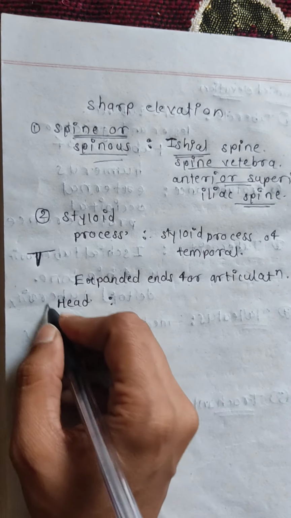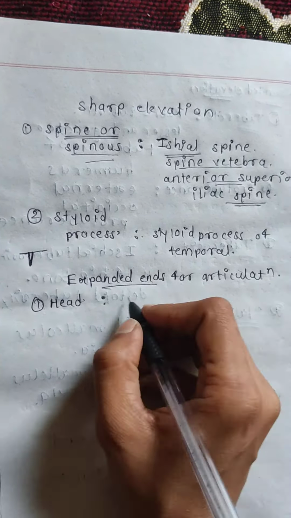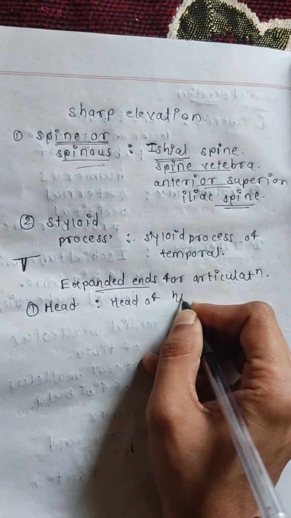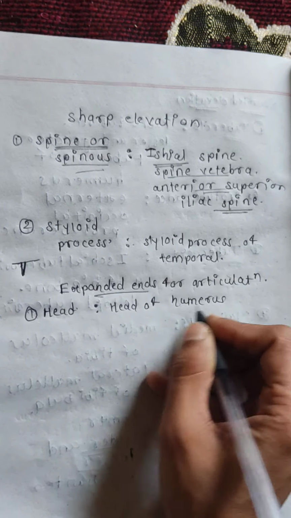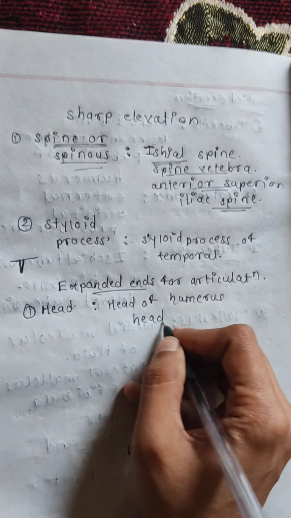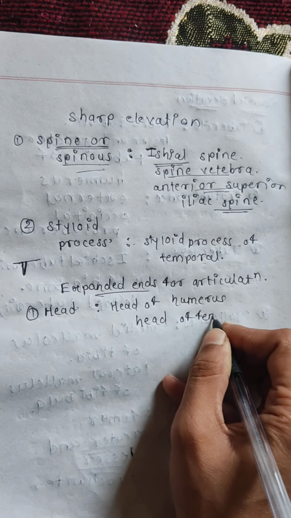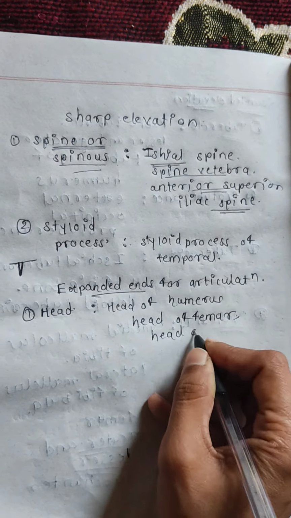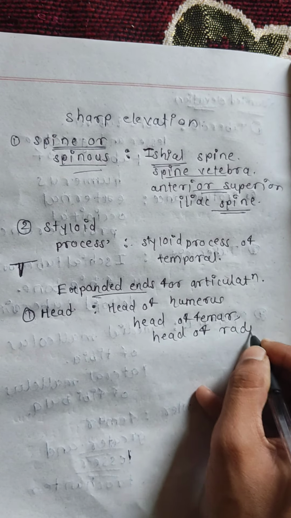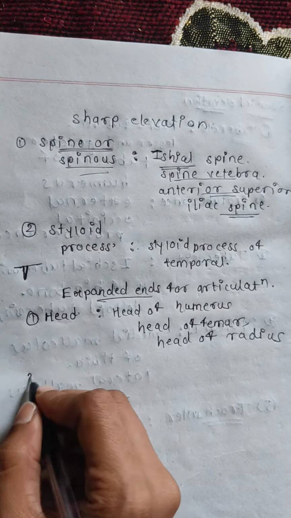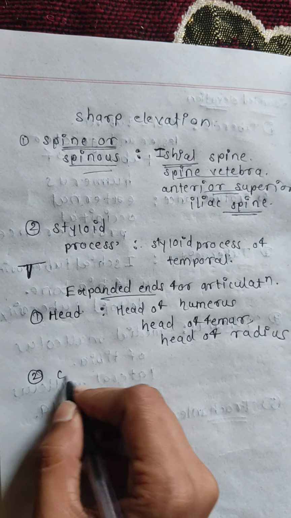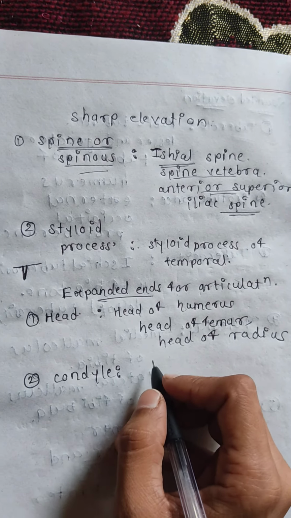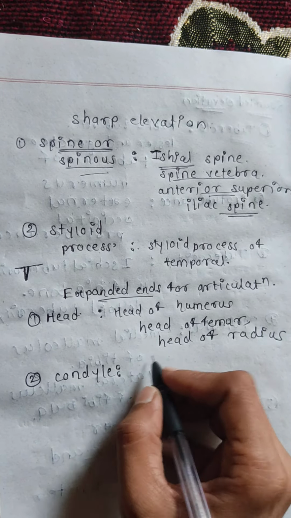Head is the first term which is used for the expanded ends, that is the head of humerus, head of femur, head of radius, and the second term used for the expanded end is the condyle, like the medial and lateral condyle of femur.